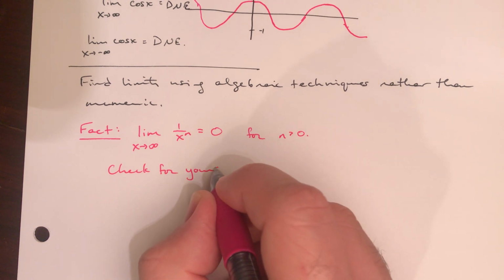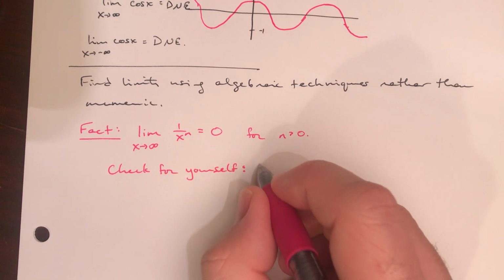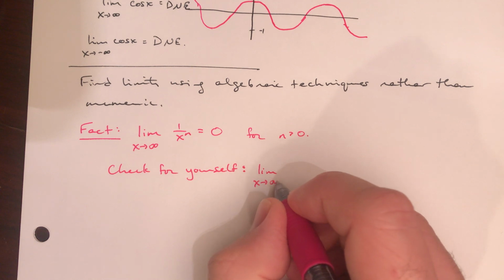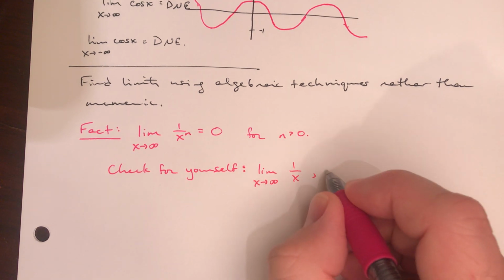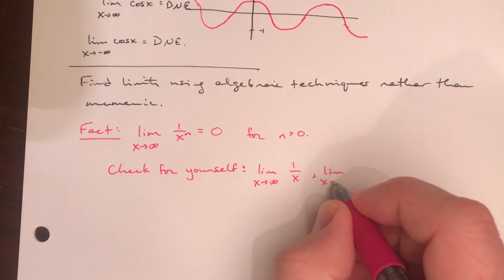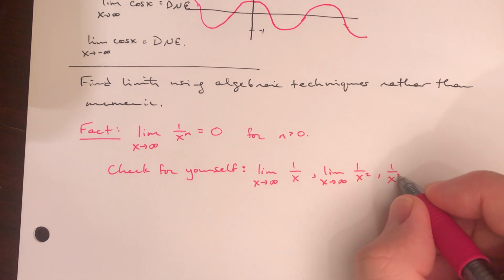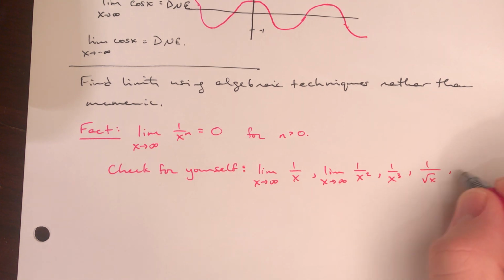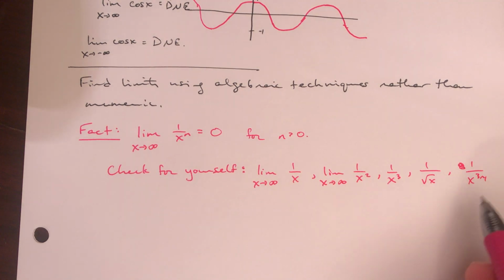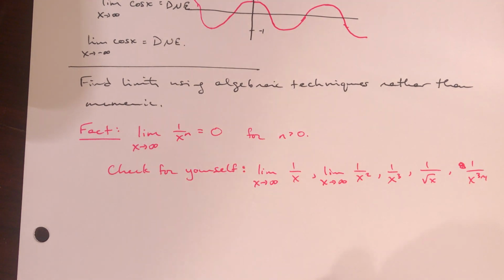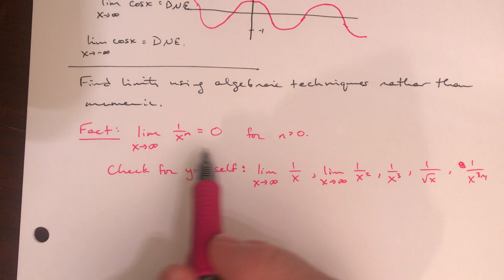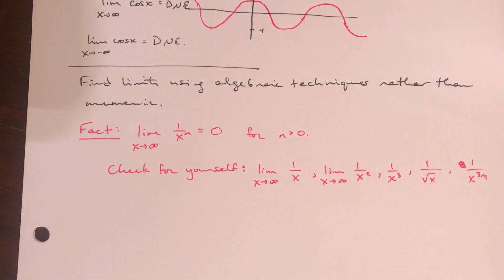Again, this is not a rigorous proof, but find the limit as x goes to infinity of 1 over x, 1 over x squared, or 1 over x cubed, or 1 over the square root of x, or 1 over x to the 3/4 power. Try a couple of different functions and plug in progressively larger and larger values of x, and you will see that all of these limits are going to turn out to be 0.